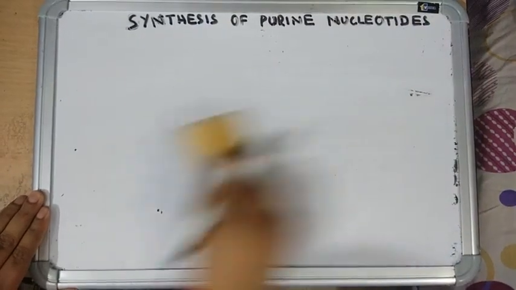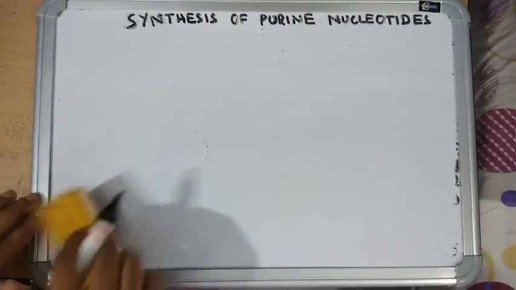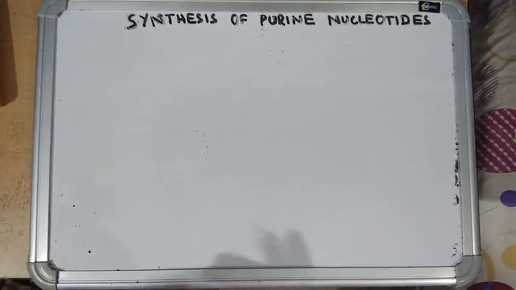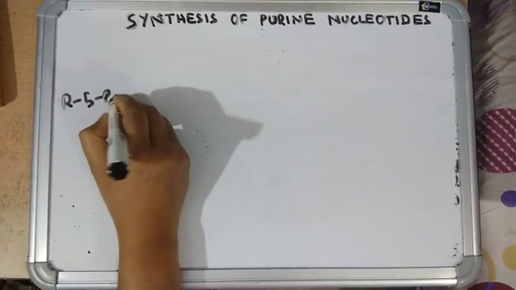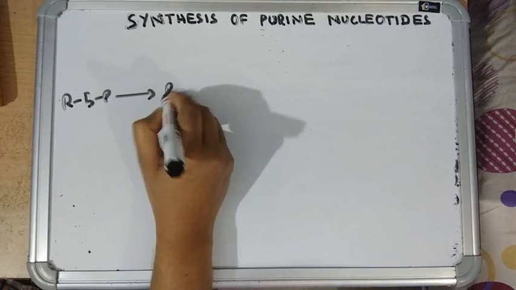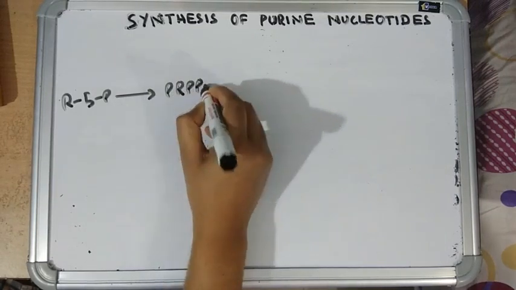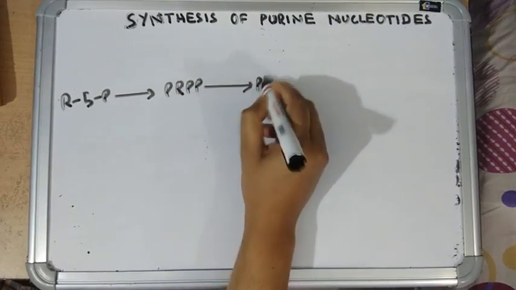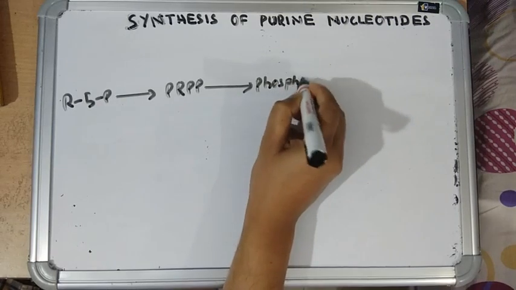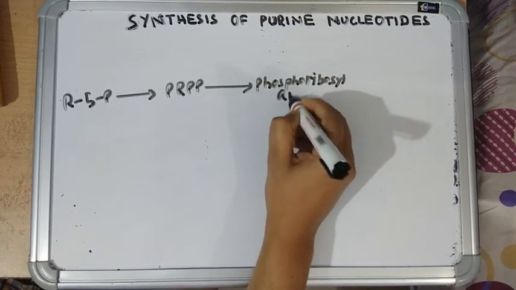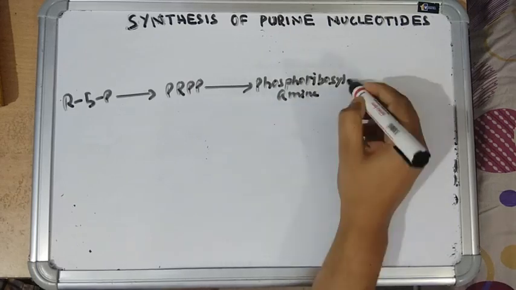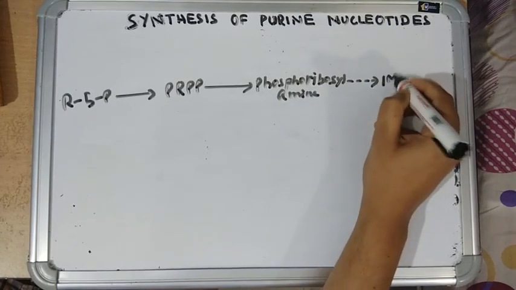Now the regulation of synthesis of purine nucleotides is mainly by feedback inhibition. We know that from ribose 5-phosphate we get PRPP. From PRPP we get phosphoribosyl amine. From phosphoribosyl amine we get IMP.